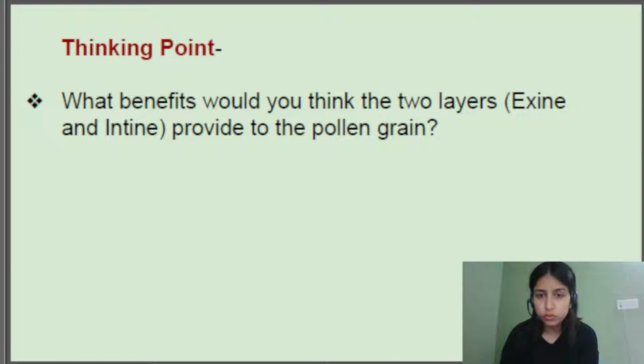The pollen needs to germinate with the help of the pollen tube that will be reaching towards the ovule. So for that, the intine layer is required, that is the inner layer out of the two layers. Yes, so I hope this is clear to you now. So we'll be moving forward from here.